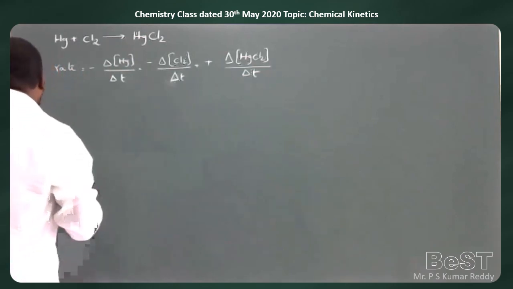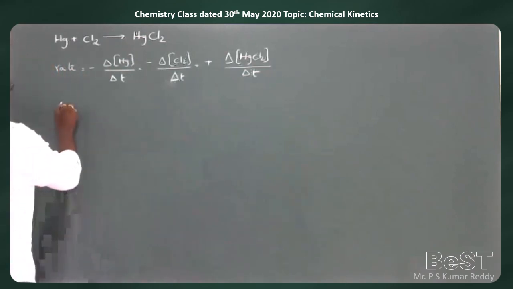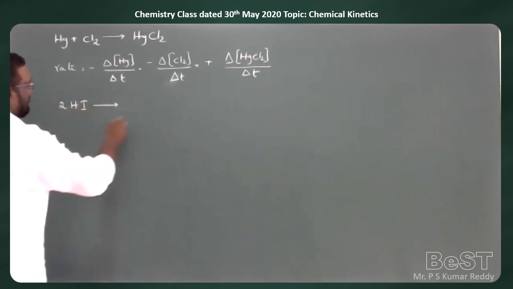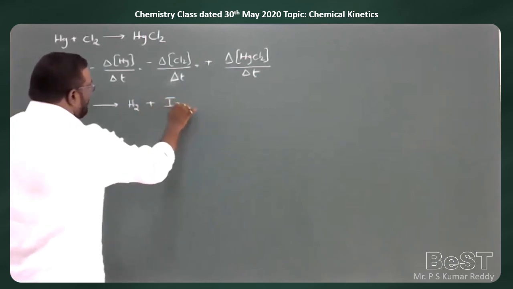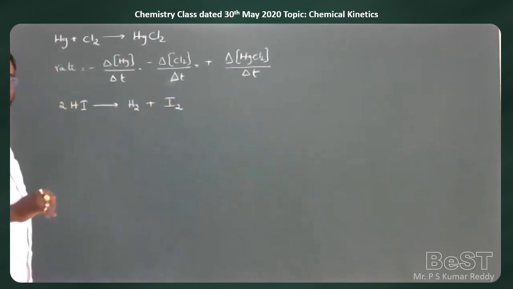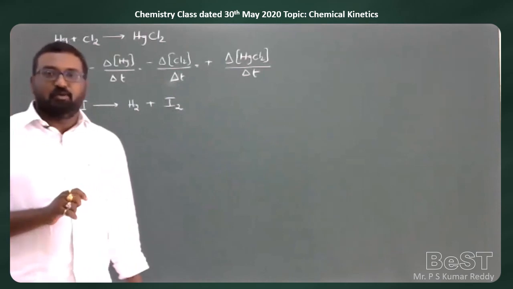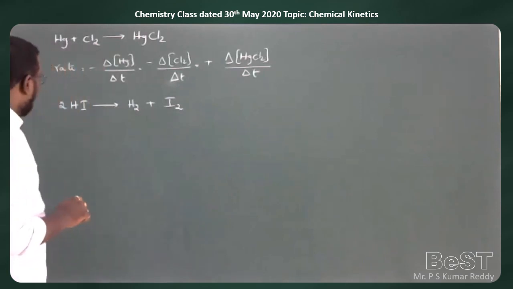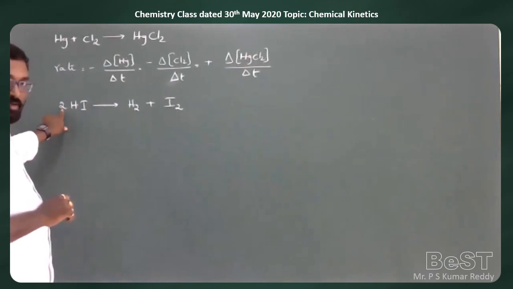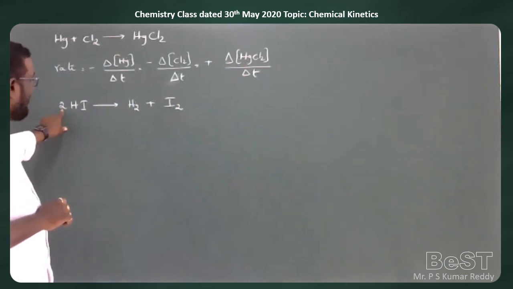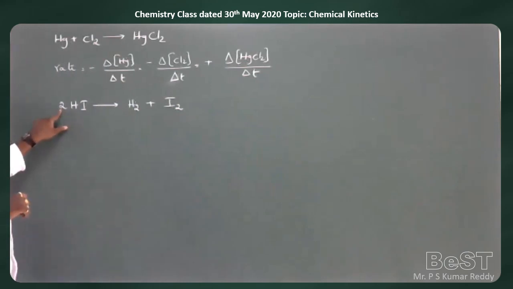But now if I take another reaction, 2HI gives rise to H2 plus I2. Now, when such a reaction is there, you can see that there is a coefficient, which is called the stoichiometric coefficient. The 2 you are seeing on the board is nothing but the stoichiometric coefficient.